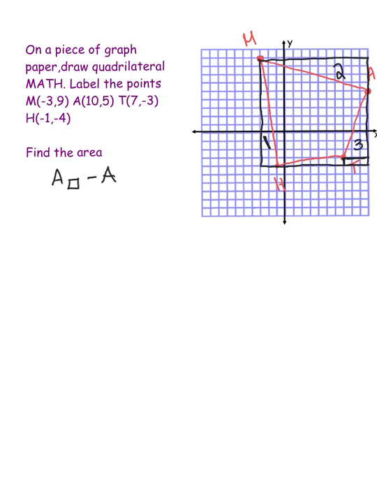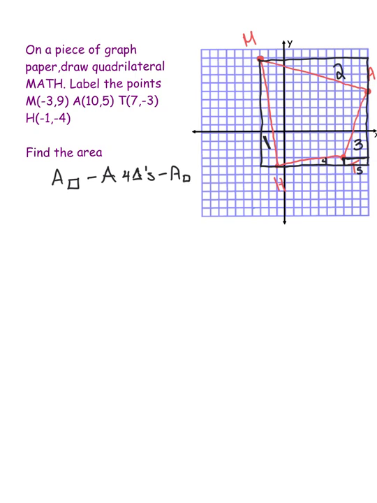I'm going to call this triangle 3, this triangle 4, and this we're going to call number 5, this little rectangle. So I'm going to find the area of the big box. I'm going to subtract the area of the 4 triangles. And I'm going to subtract the area of the small rectangle.